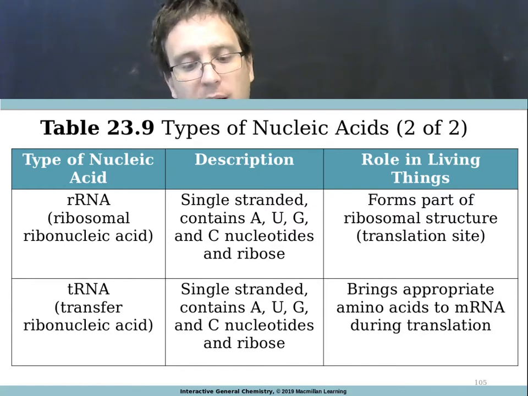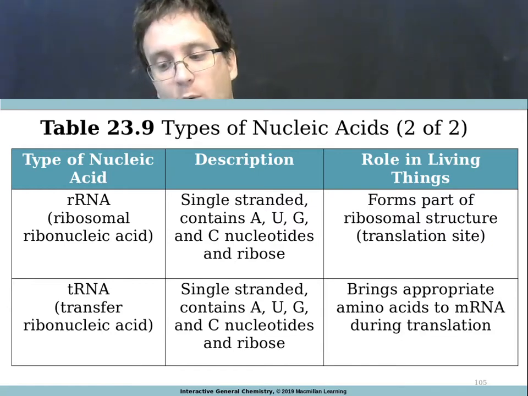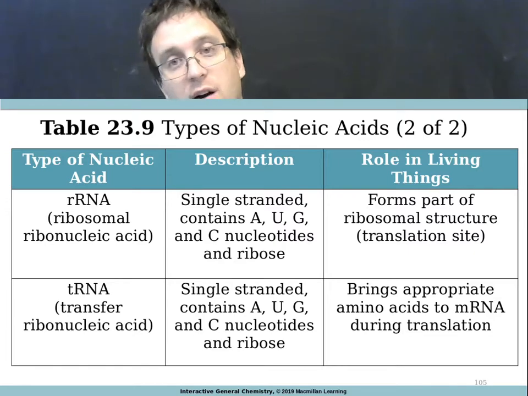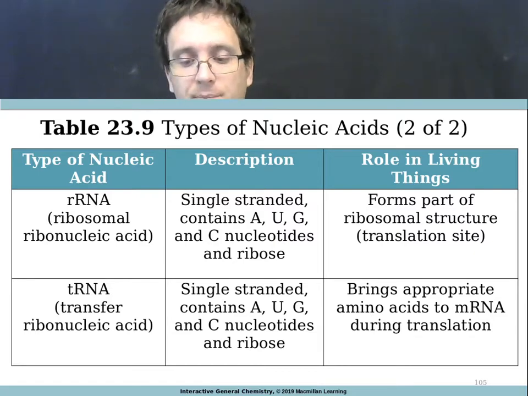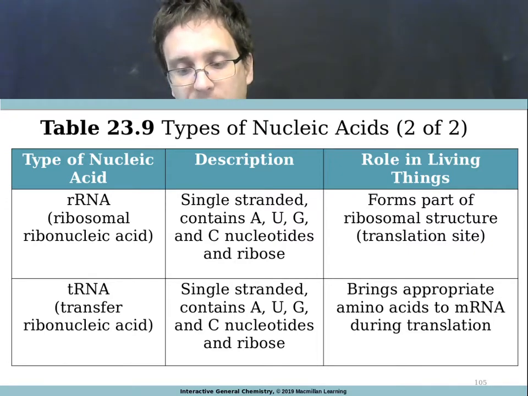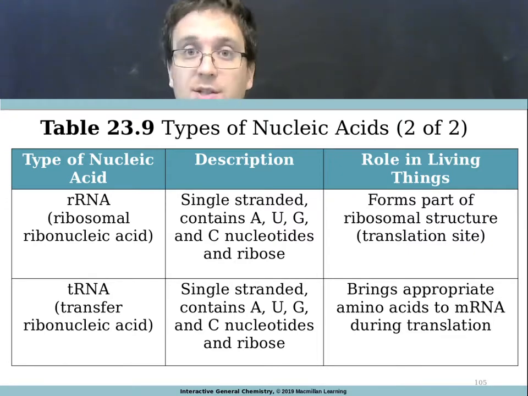rRNA, or ribosomal RNA, forms the actual structure of the ribosome together with other proteins, and the ribosome is the cellular machinery which makes these proteins. It is RNA just like the others. It's single-stranded.